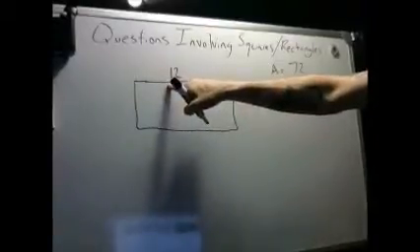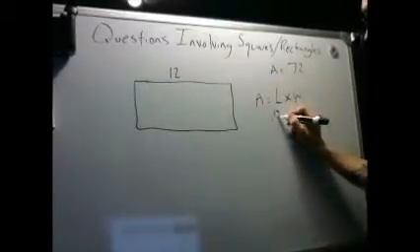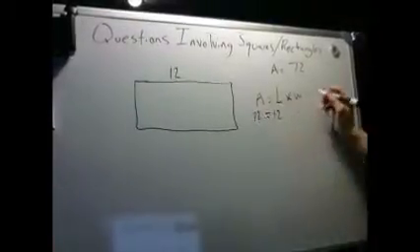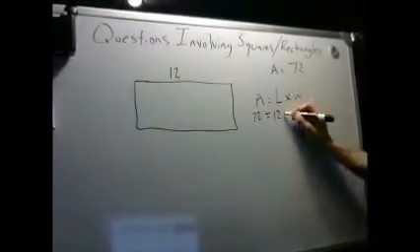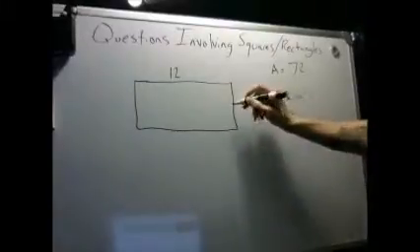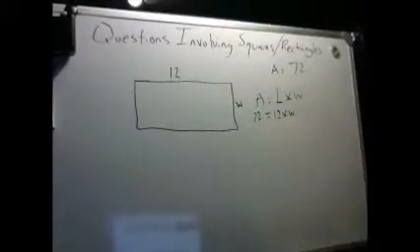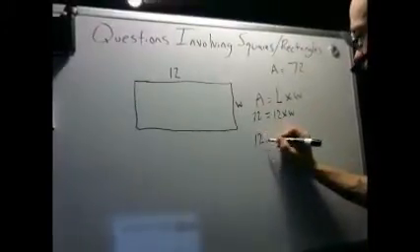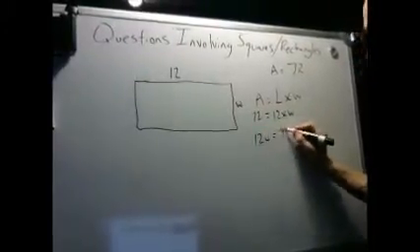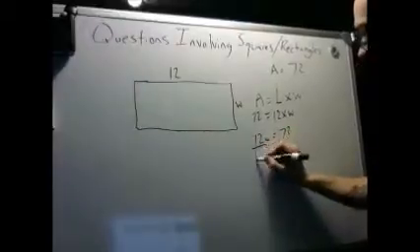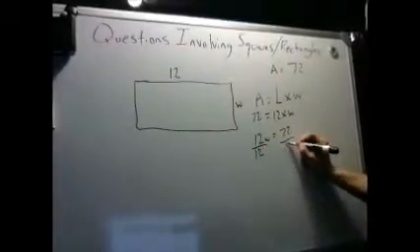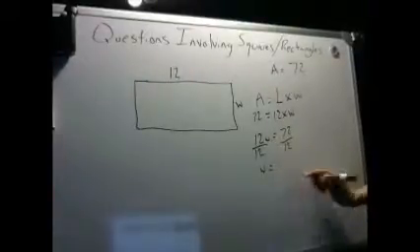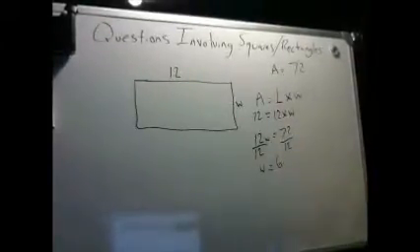Therefore, we know the length is 12. We know that the area is 72, but we don't know what our width is, which is this value that we're solving for. And so we could write that algebraically as 12w equals 72. Divide by 12, and we would know that the width is equal to 6.